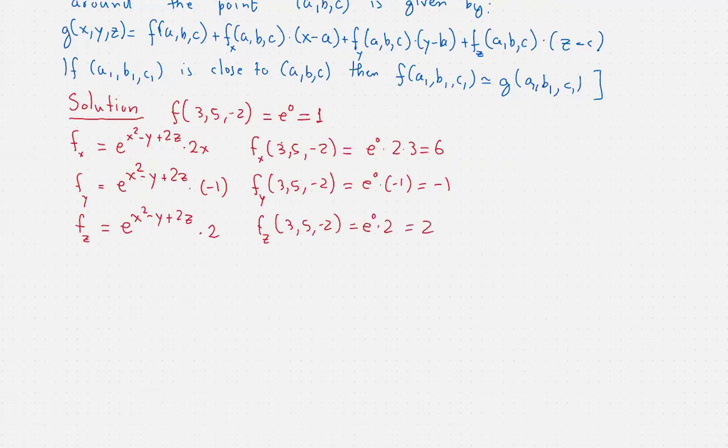And now we can put together the formula for the linear approximation. So we have that g of x, y, z is going to be, let's write once the formula down for the specific point. We could do the substitution of the values right away, but let's just see it once more so that visually it can stay with us. It's a very simple formula that applies to any number of variables. And again, the idea behind it is to create a linear expression in x, y, z that gives the same values for the function and the first partial derivatives.